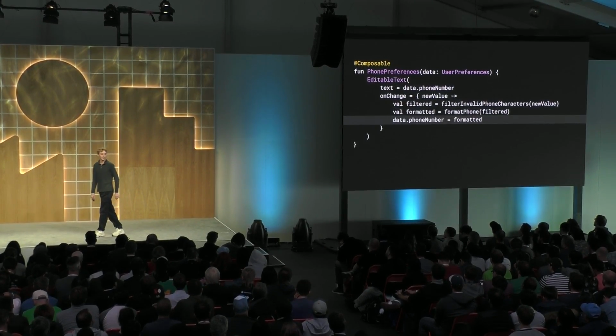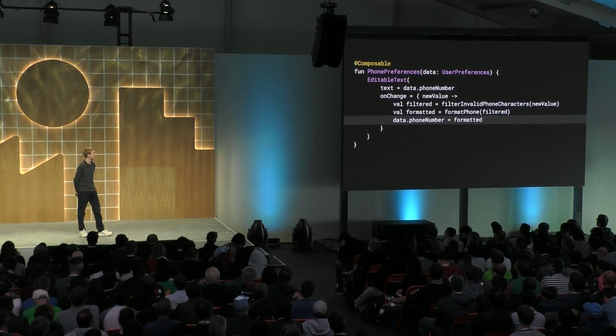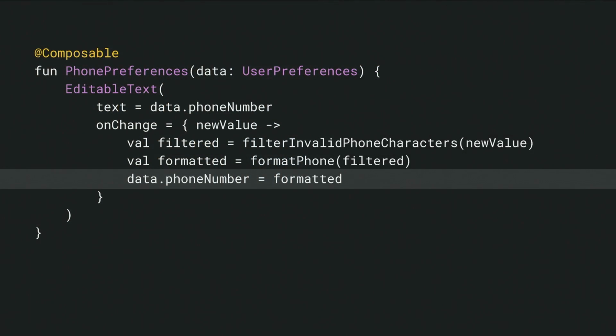For example, if we have a phone number preference, then when a new potential value comes in, we can do filtering. We can remove any invalid characters, and then we can format the phone number so that it looks nice when the user is typing it in. And then we set the data model to the new formatted phone number. Again, this will trigger a recomposition, which will cause the editable text to show the new value.